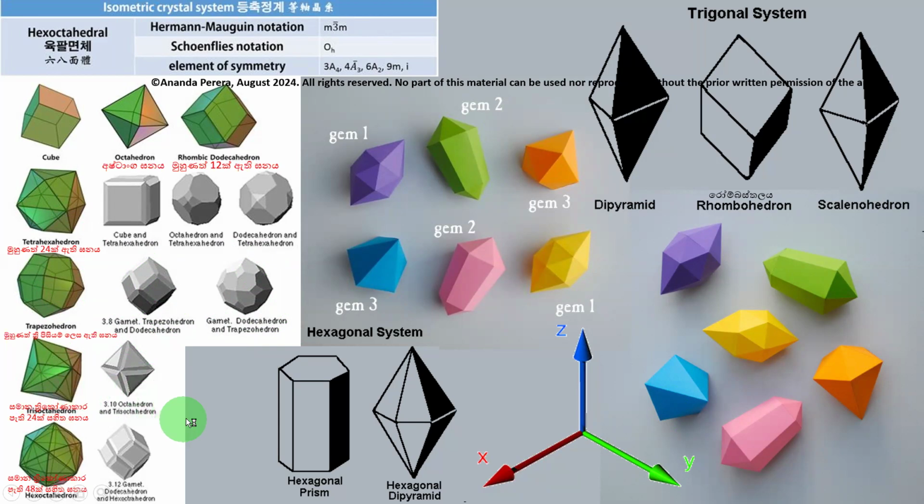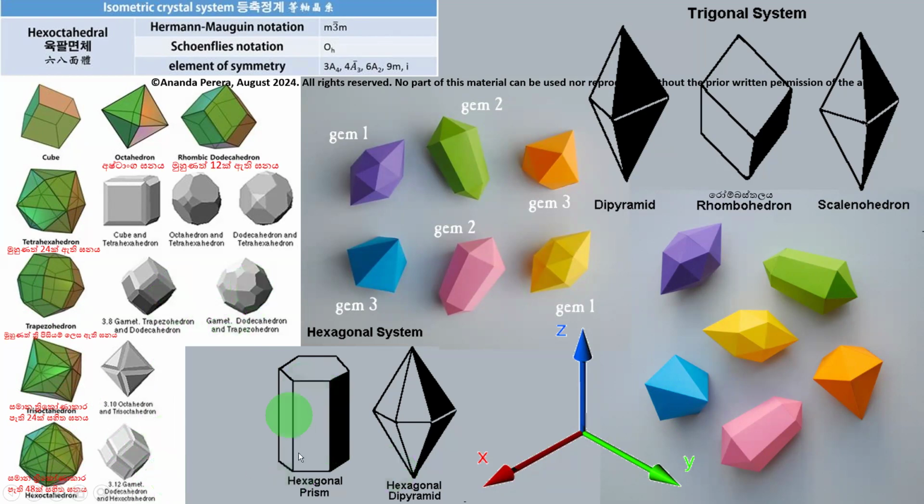Octahedron, trisoctahedron. There are 24. All are triangle-like shapes. So trisoctahedron is the name. Hexoctahedron, 48 sides are there. Dodecahedron and hexoctahedron, the garnet shapes. Look at the garnet shapes here. This one, this one, this one. All are garnet shapes.